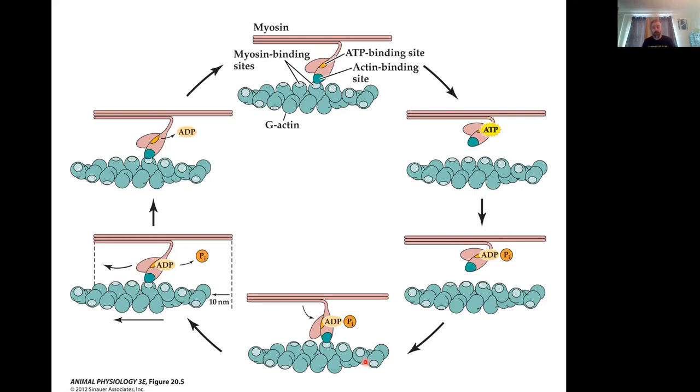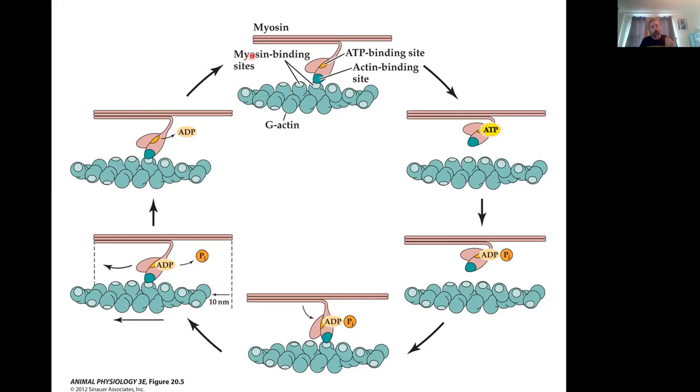The actual contraction, the actual force that pulls the sarcomeres closer together, is caused by the release of this phosphate. This phosphate is energy, right? We release it, and it causes the myosin head to pull, to literally reach out, grab, and pull the thin filament, and in doing so, it pulls the Z disc closer to that M line. It does this on both sides, and so we shorten our sarcomere, right?